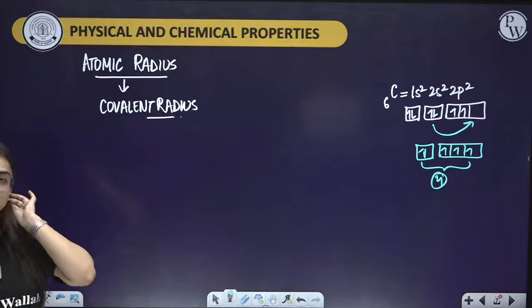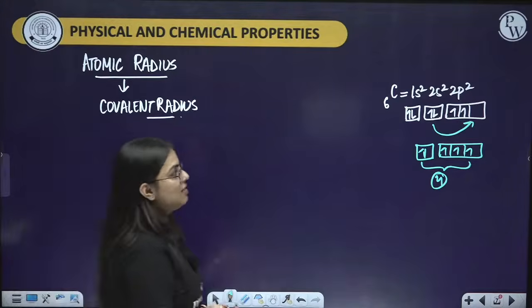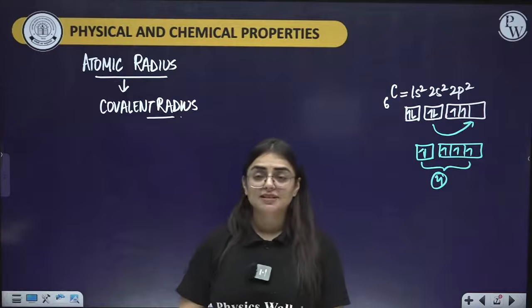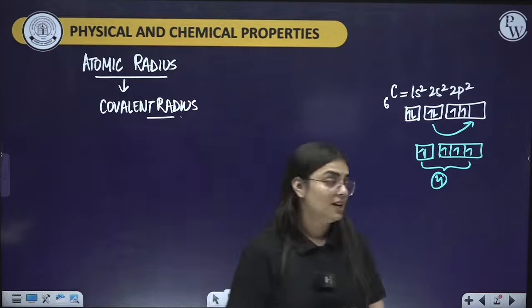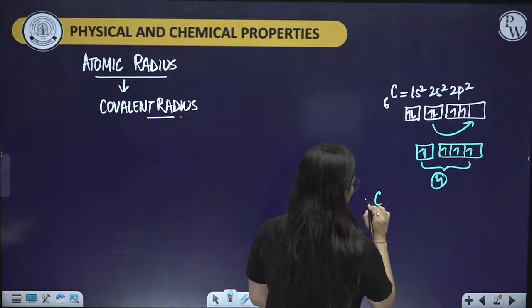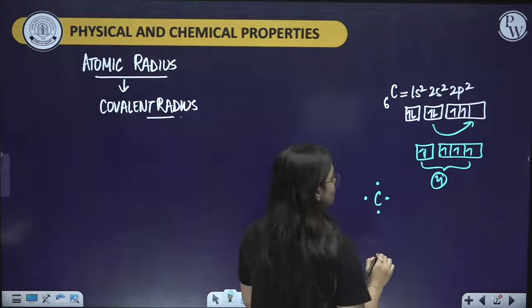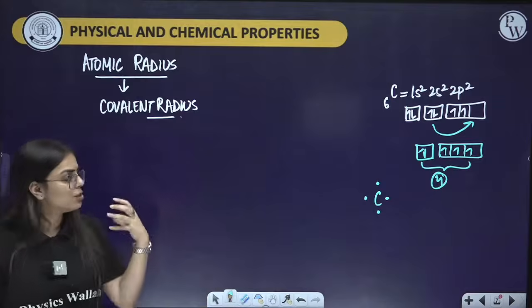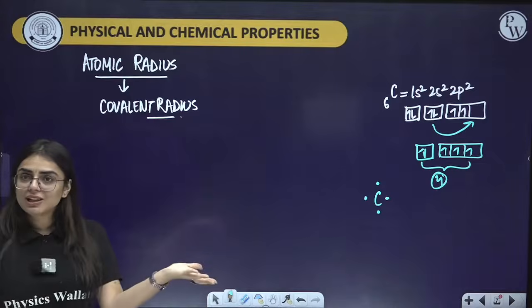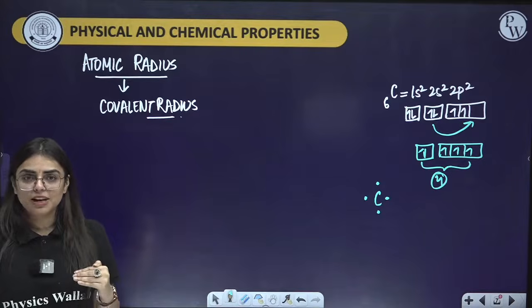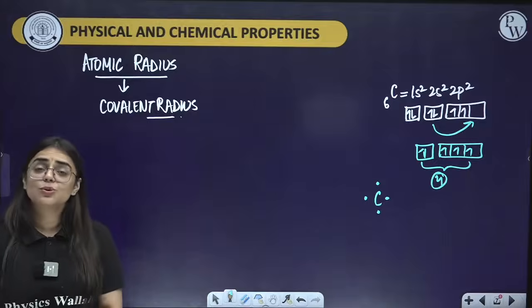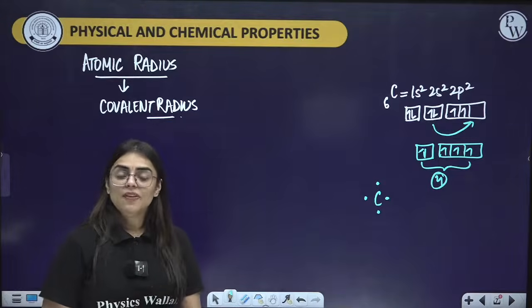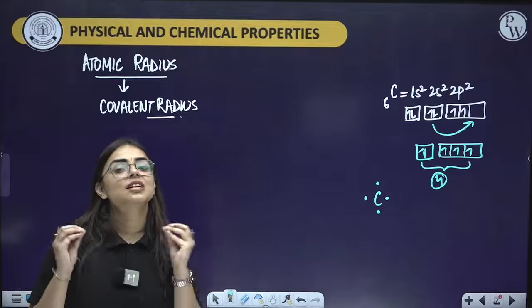It's very simple. Let me tell you. Carbon basically has a covalency of 4. How many valence electrons does it have in its outermost shell? Carbon basically has 4 valence electrons in the outermost shell. So now if it has 4 electrons in the outermost shell, what is it going to do? It is either going to lose all the electrons, or gain all the electrons. What is it going to do? It is going to share the electrons. See, when there is a sharing of electrons, that creates a covalent bond.